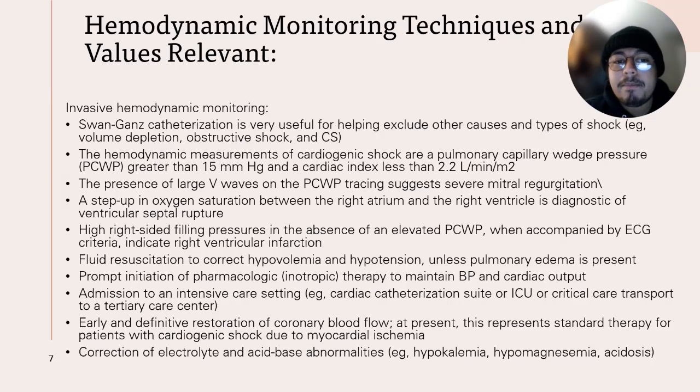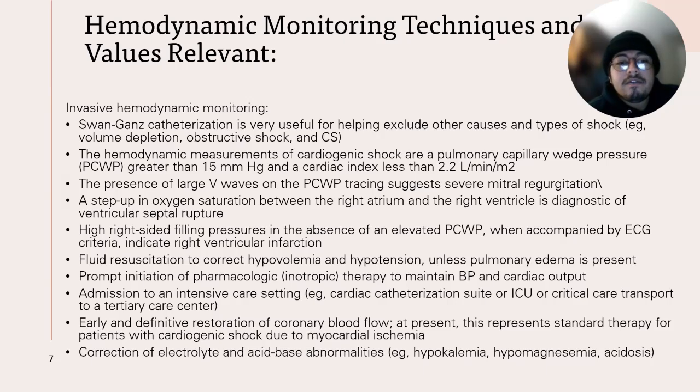The hemodynamic measurements of cardiogenic shock are a pulmonary capillary wedge pressure greater than 15, and usually you'd want a little bit less than that, and a cardiac index less than 2.2 liters per minute per meter squared. Usually you want a little bit higher cardiac index, so it's a little bit low.